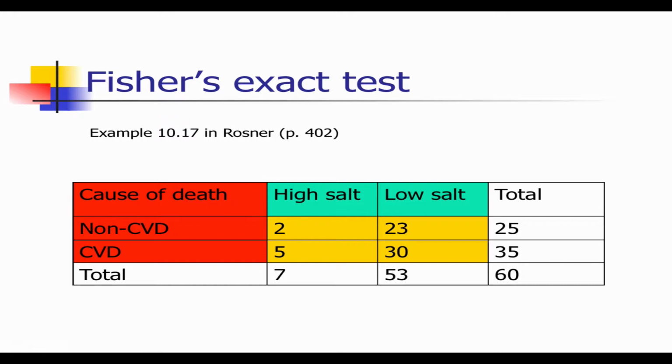Chi-square test, if you think about it, is really doing it this way. Here you have 2 and 5, and you have 23 and 30. Here you have 25 and 35, and then you have 7 and 53, and your total is 60.